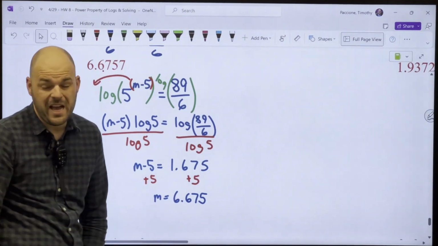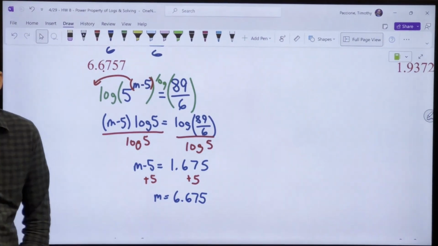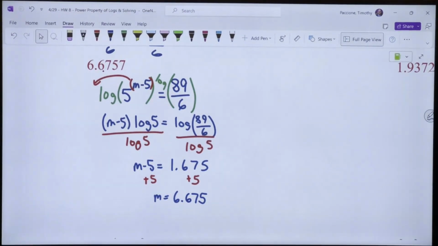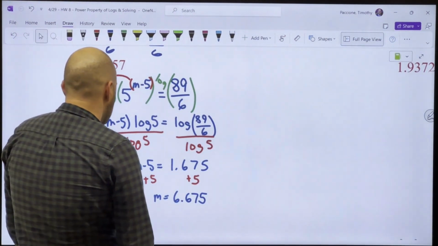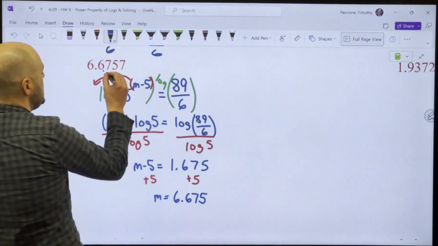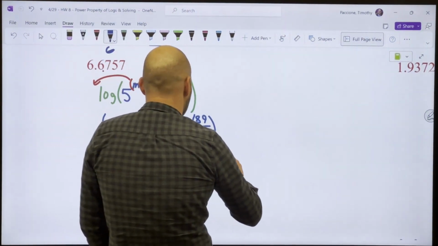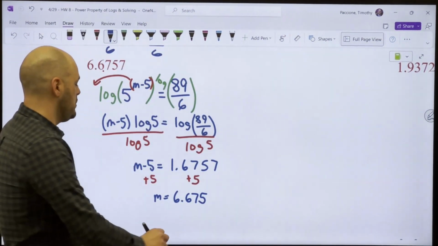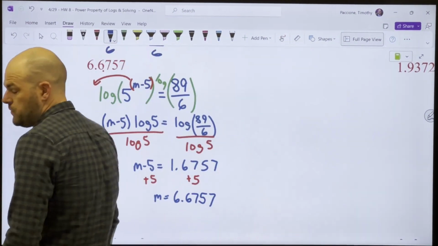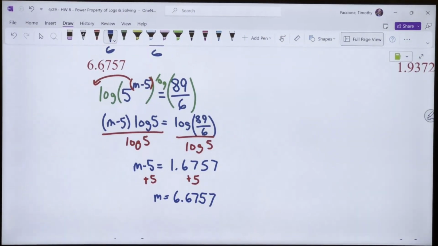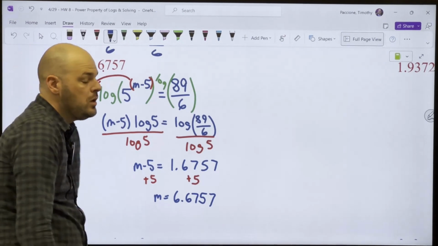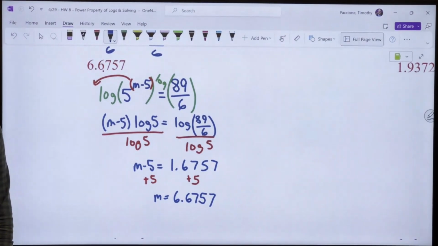Just be careful what it asks for in terms of the number of rounding places. Since it said go out 4 decimals, I'm going to add to that, because I think it specified 4 decimals in the instructions. All right. Other questions?